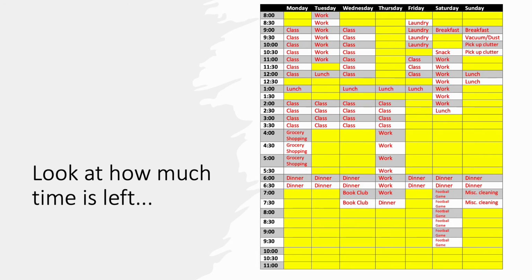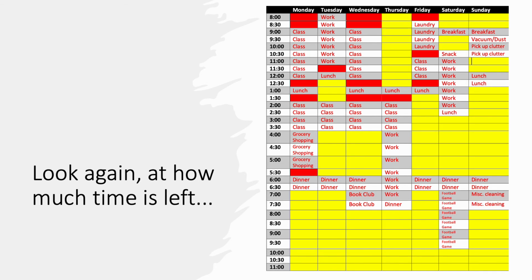So now you want to take a look at how much time is left. You can see all the yellow spots are open times where I can go ahead and start scheduling study time. But before I actually start scheduling study time, I went ahead and highlighted the times in red that I know will not be good times to study for me personally.